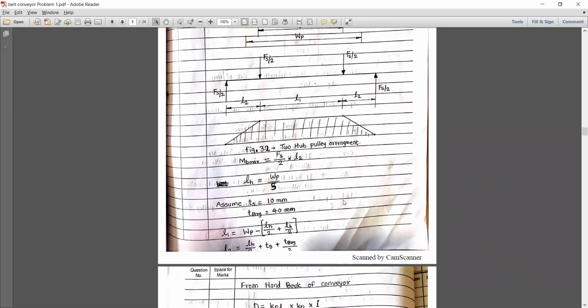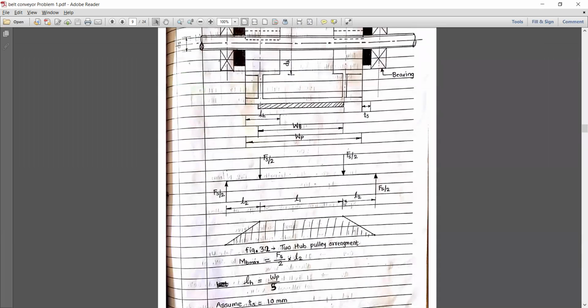Now these pulleys we can generally design for maximum bending condition. So Bmax is equal to Fs by 2 into L. You can simply see from here to here.